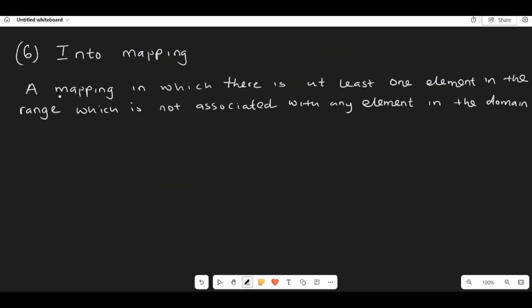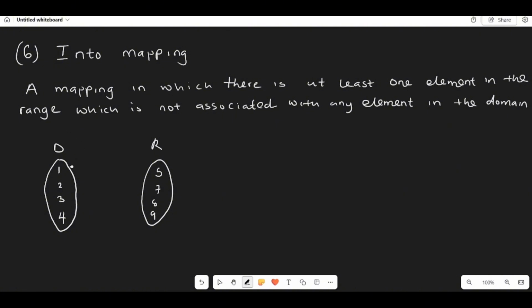Into mapping, a mapping in which there is at least one element in the range which is not associated with any element in the domain. Let us consider this example. Our domain is 1, 2, 3, 4. Our range is 5, 7, 8, 9.